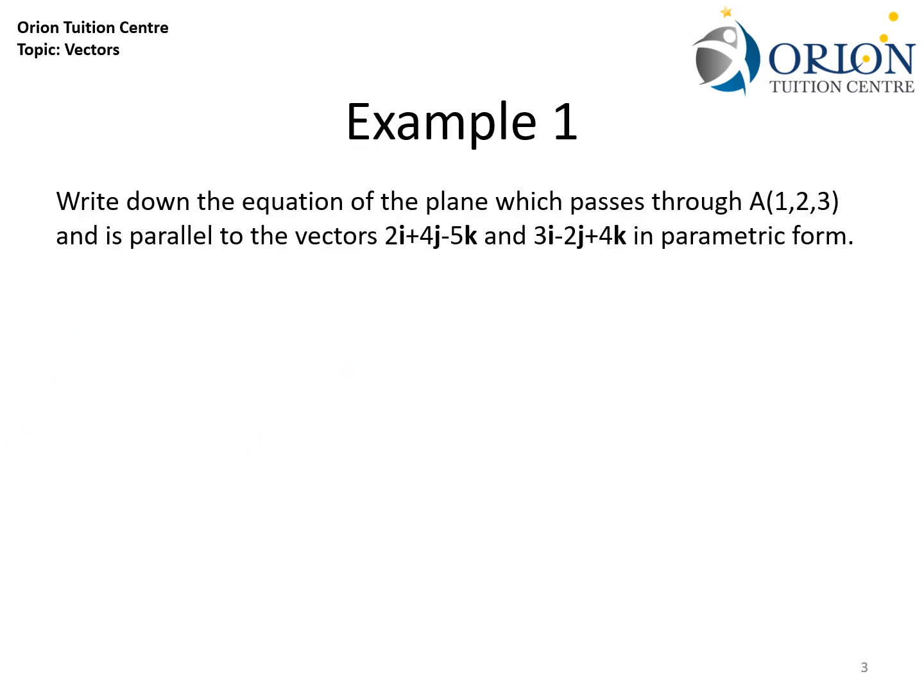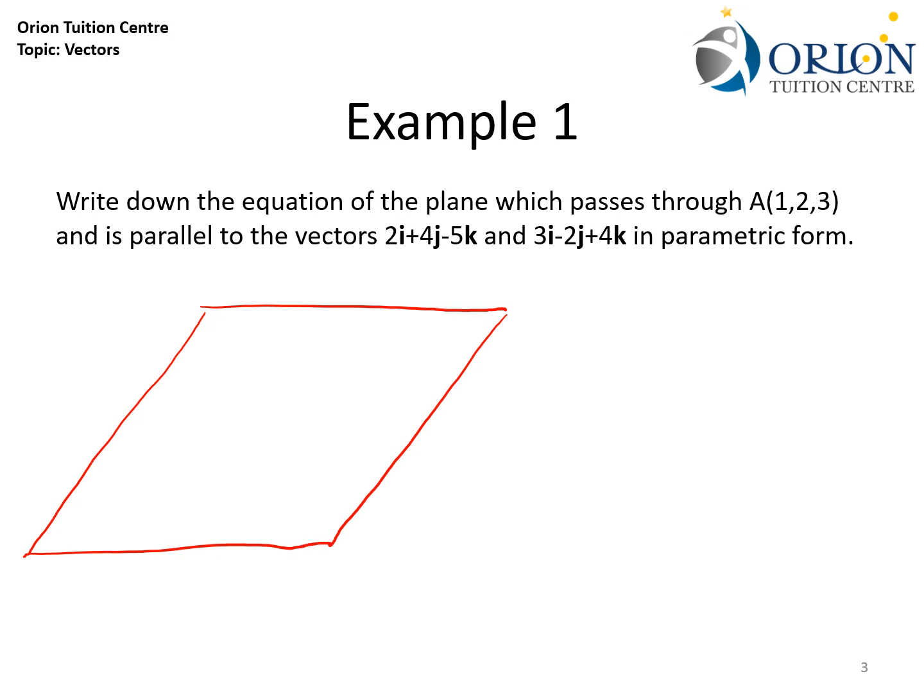In example 1, we are asked to write down the equation of a plane. This plane contains point A with coordinates (1, 2, 3), and it is parallel to two vectors: number 1, (3, -2, 4), and number 2, (2, 4, -5).